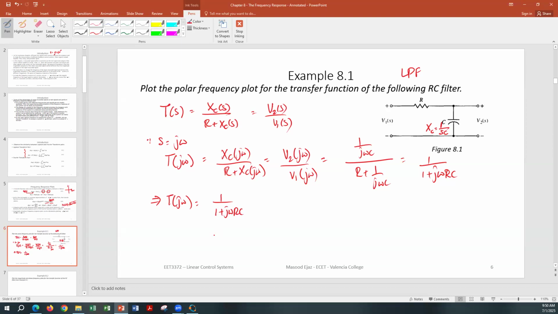Multiply and divide by the complex conjugate of the denominator. One square is 1, and then j omega RC times minus j omega RC is going to be the square of that. That's going to be omega RC squared.